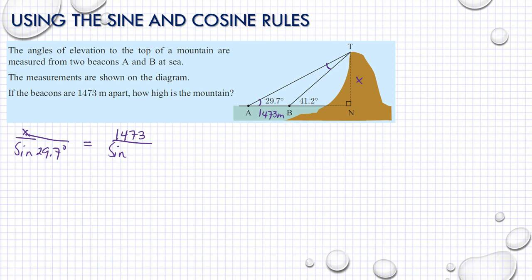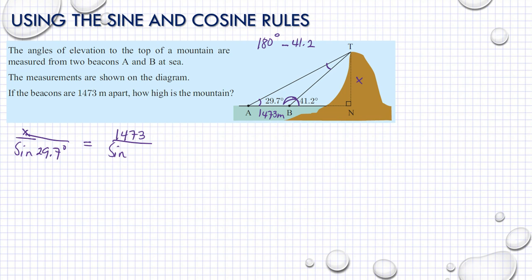So we need to find that. How can we find that? We have 180 degrees minus this one. This one is 180 minus 41.2.